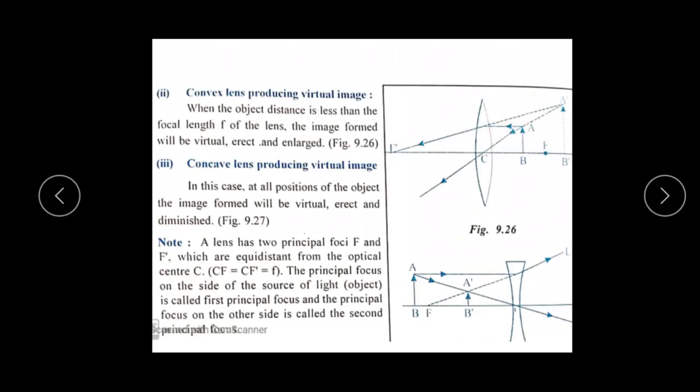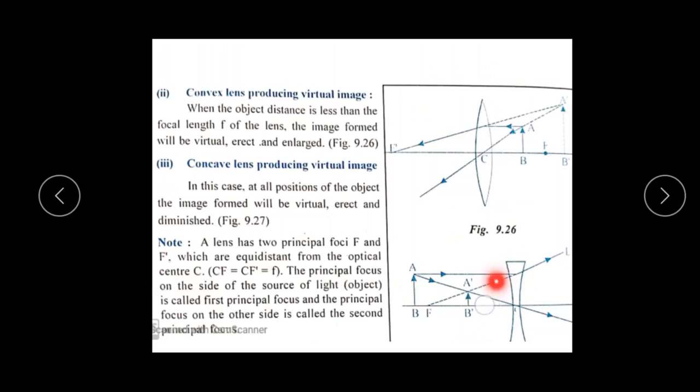Then come to the third case. In the third case, concave lens producing a virtual image. See, this is the concave lens here. This is the concave lens and this is the convex lens. In this case, for all the positions of the object, the image formed will be virtual.